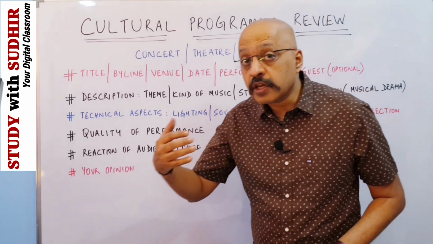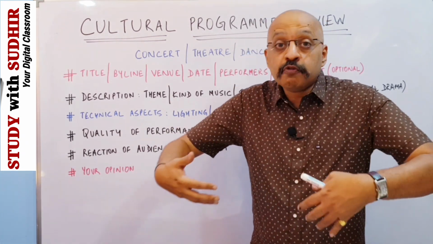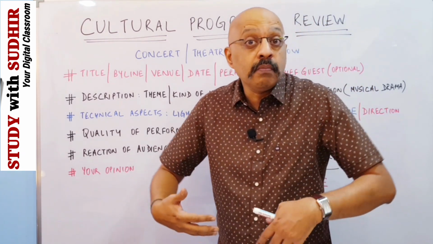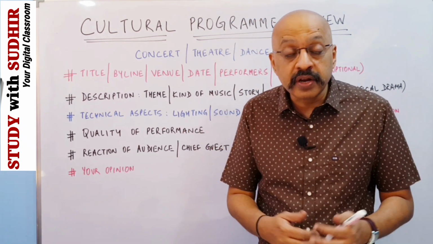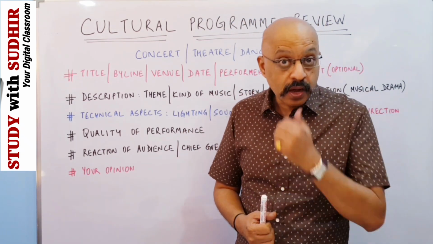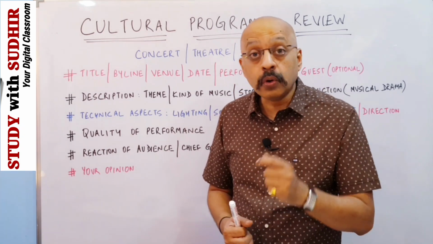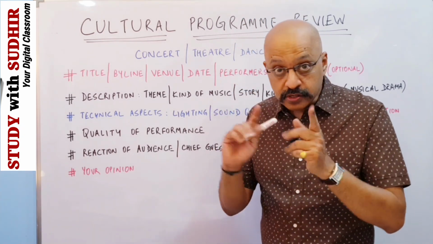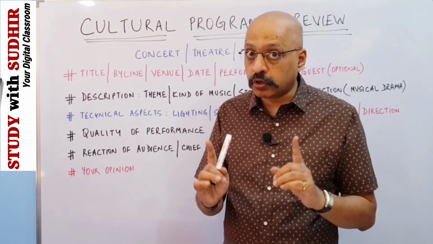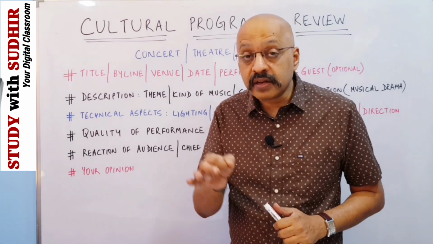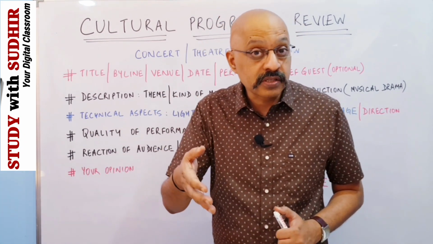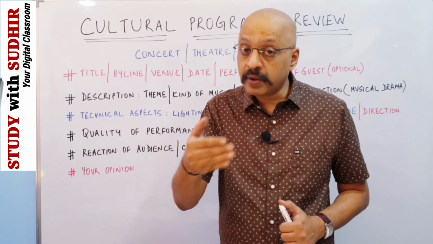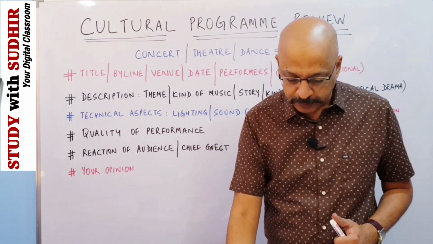But when you're writing in a newspaper, the style of presentation has to be a little more evolved. There you're talking about a general reader, in different parts of the city or the state, who would read your review. So there is a slight difference which you need to be conscious of, which is why I said read where it is to be published and how it is to be published, that you need to be aware of in the question paper.